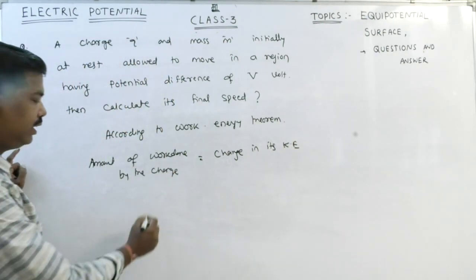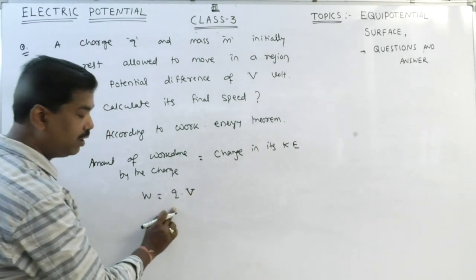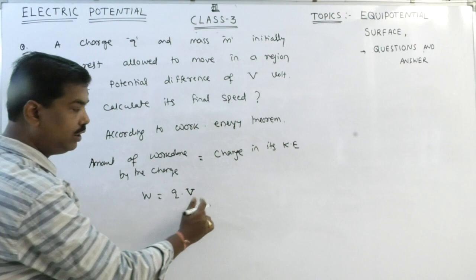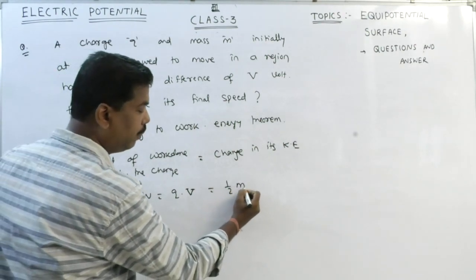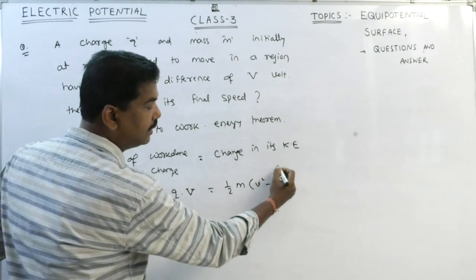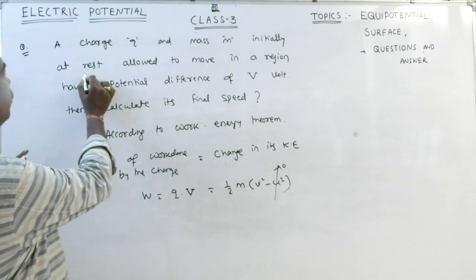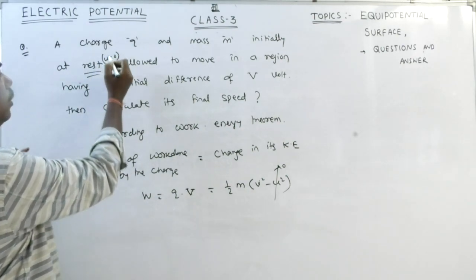It means the work done W is equal to q into V, because the charge is q and the potential difference is V, which is equal to half m v square minus u square. But the charge is initially at rest, so u is equal to 0.